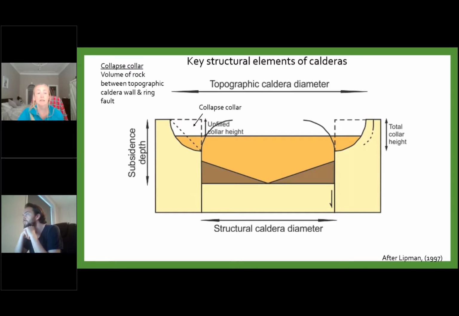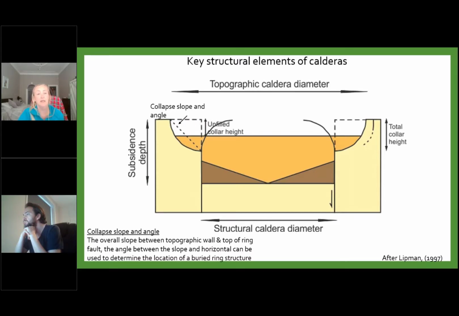So your collapsed collar is essentially the rock between the topographic caldera ring and the ring fault itself, and usually that's actually a void because it's collapsed into the caldera, as mentioned before. And then the collapse slope is basically the average angle from the topographic rim to where the ring fault actually is.